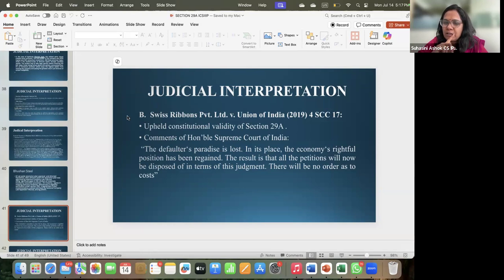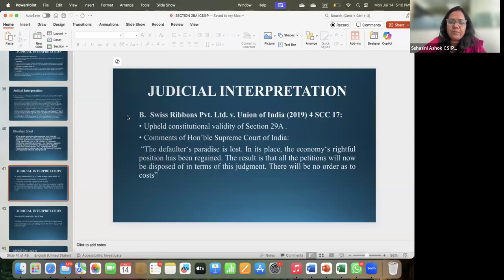Hence, in Swiss Ribbons case, Supreme Court held that all the petitions challenging the validity of Section 29A are disposed, upholding the Section 29A.